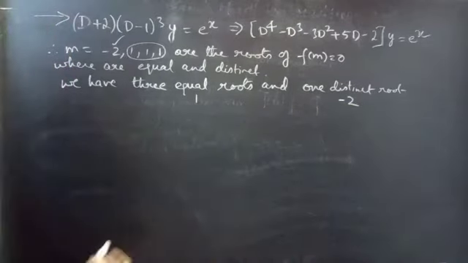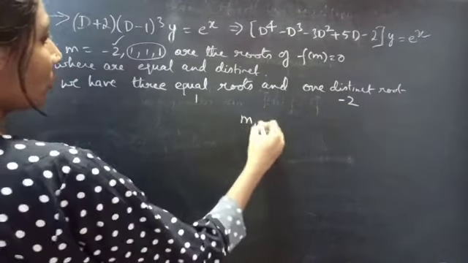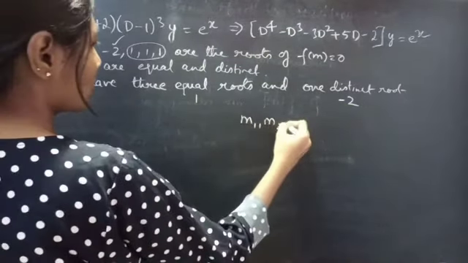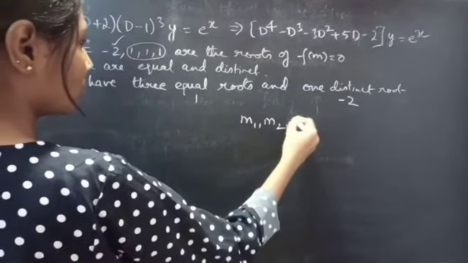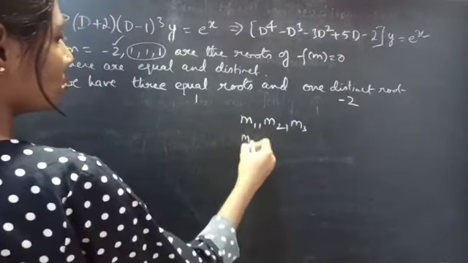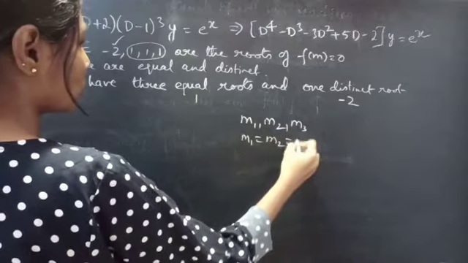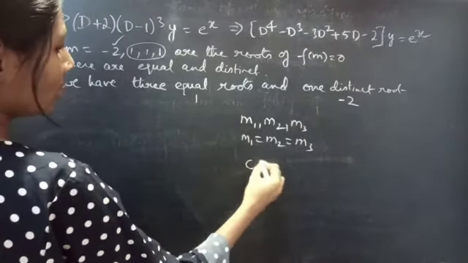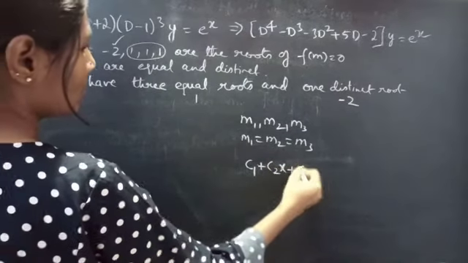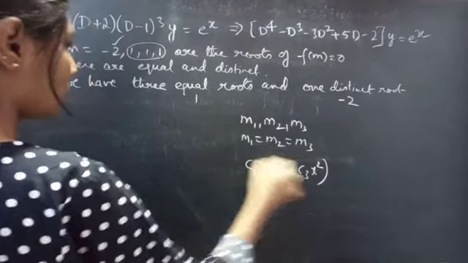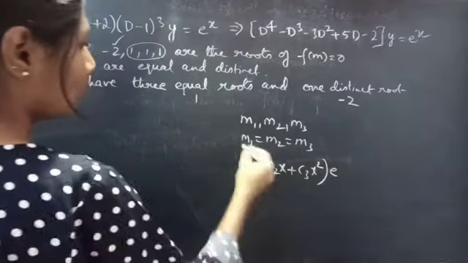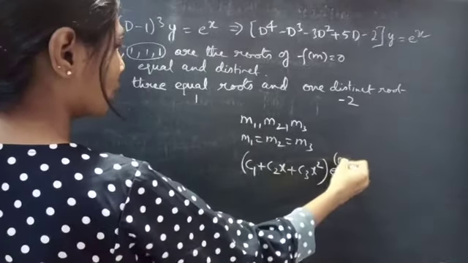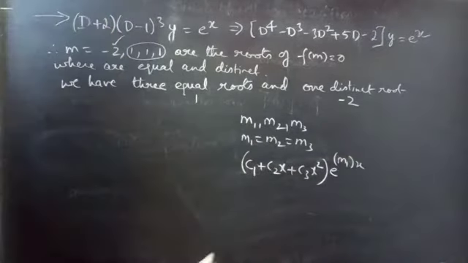Okay. We know that if 3 roots are equal, say m1 equals to m2 equals to m3, then the solution is given by c1 plus c2x plus c3x square into e power equal root, say m1 into x, right?